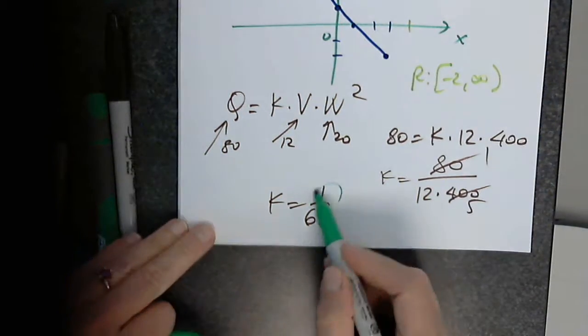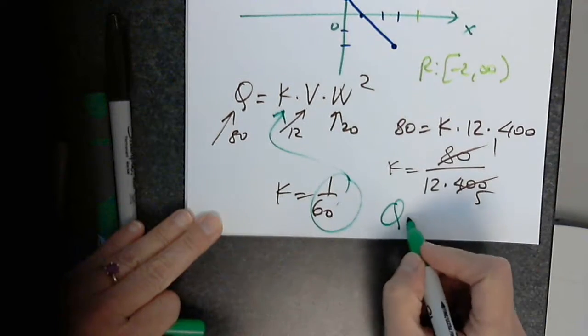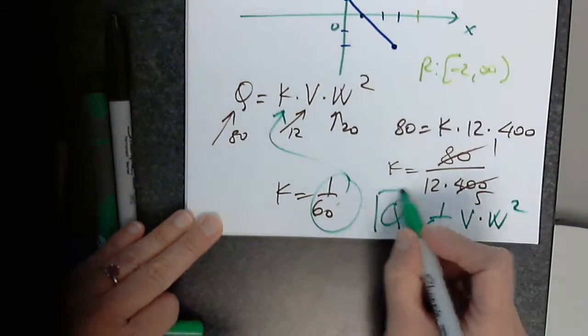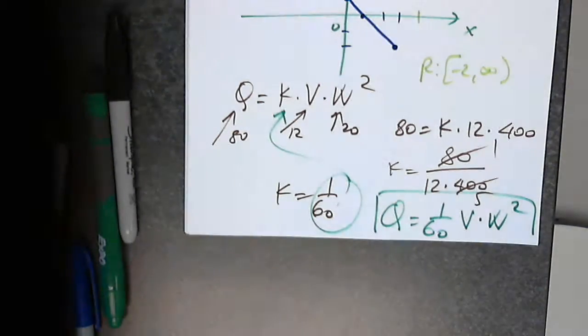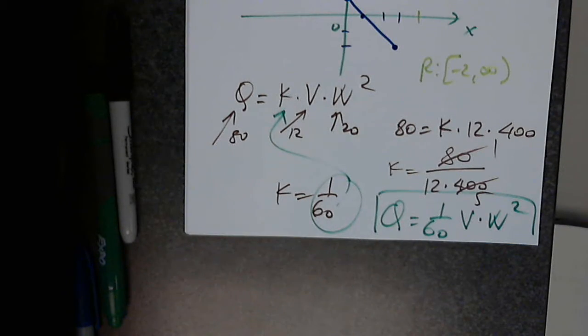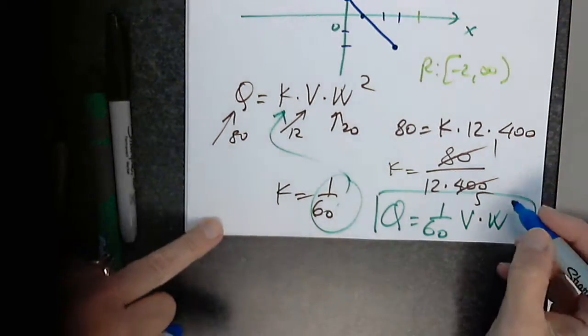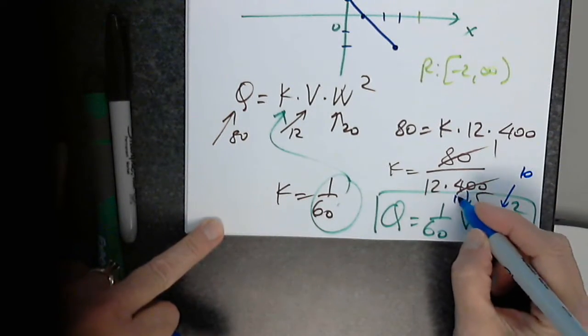I have to put it back in the equation. So this is Q equals 1 over 60 times V times W squared. This is now a law. We found the K, the constant of proportionality. And now we're asked to find Q when W is 10 and V is 15.